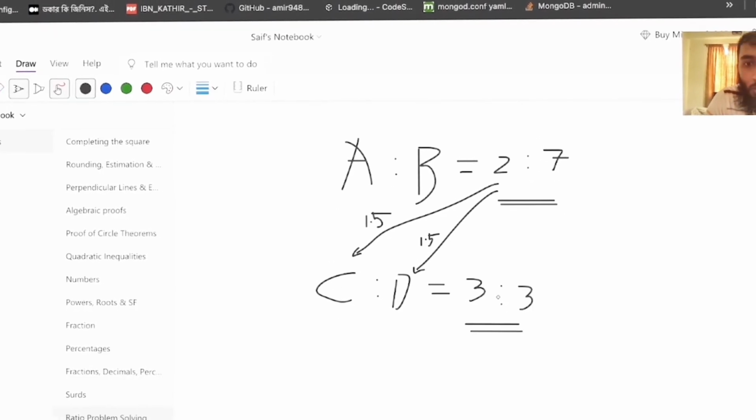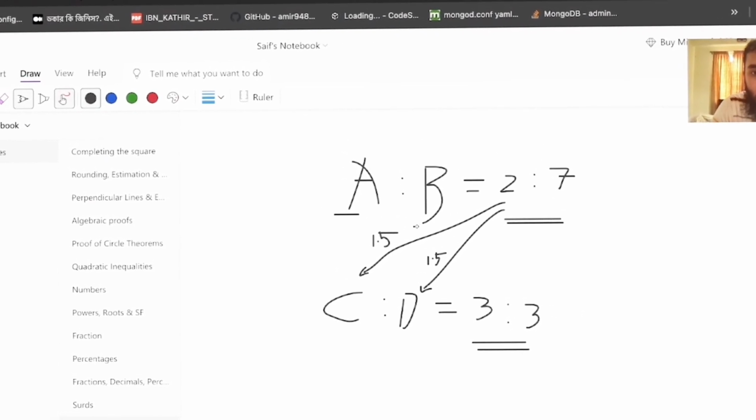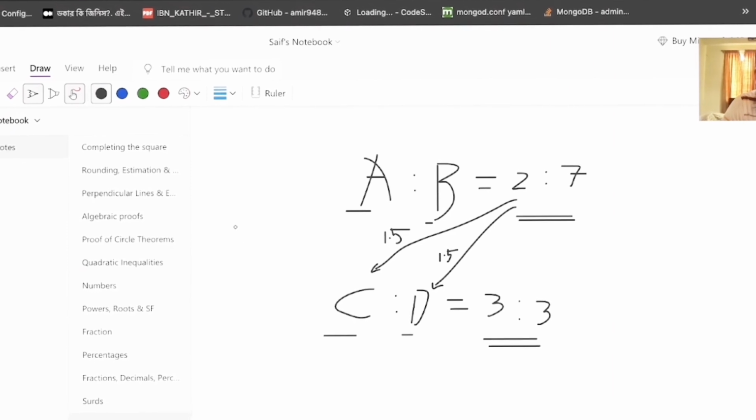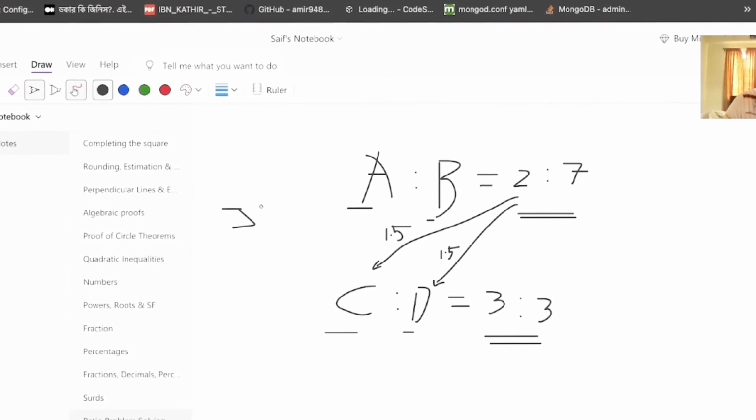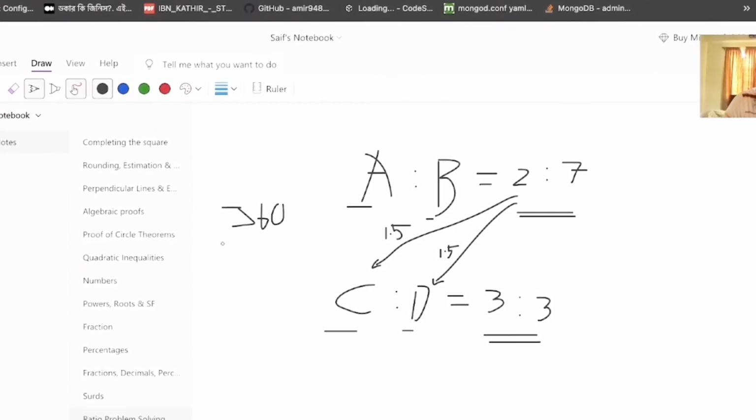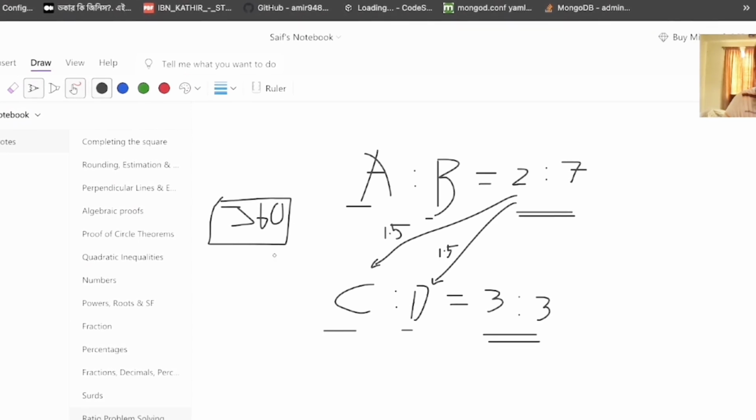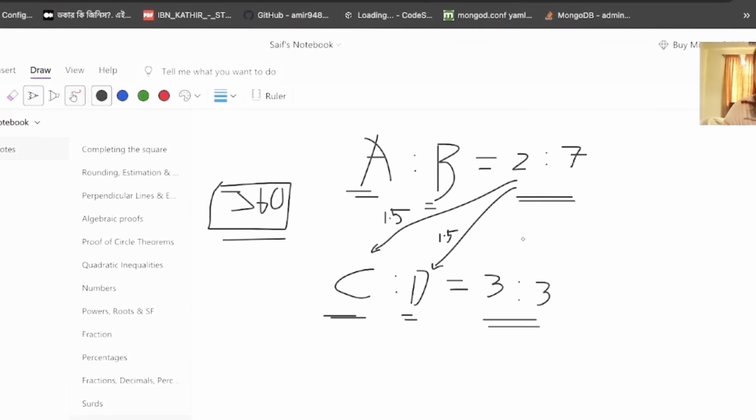These are the 4 persons among whom 360 pounds is divided. This is the total amount of money, 360 pounds, shared between only these 4 persons.